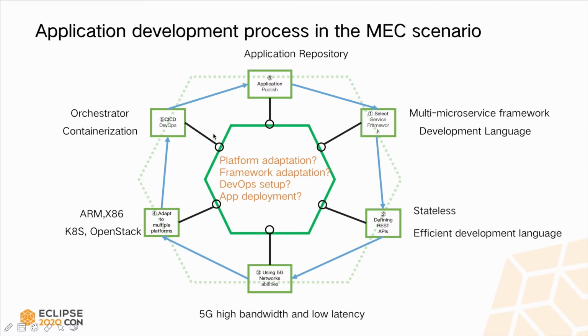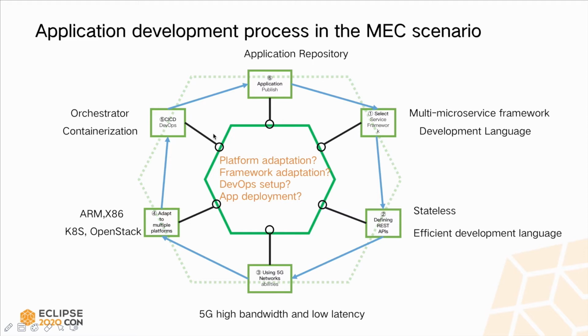First, developers should select microservice frameworks, development languages, APIs for defining applications to be released, and atomic platform capabilities provided by MEC. Generally, developers select mainstream microservice frameworks and define the APIs to be exposed in detail.